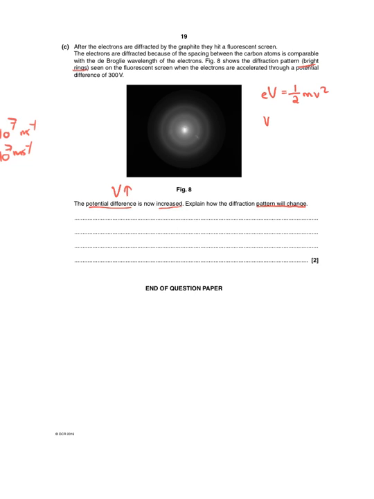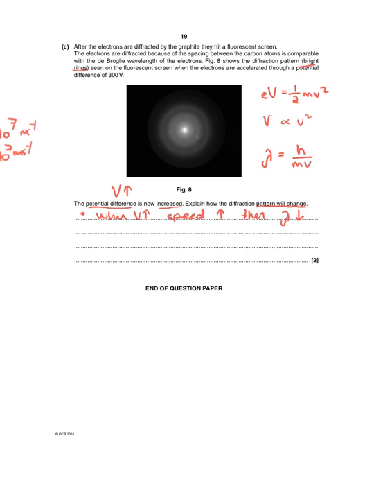So the voltage is directly proportional to speed squared. So if I increase the potential difference, the speed of electrons increases. And I already know that the wavelength of the electrons is inversely proportional to the speed. So if the speed increases, then wavelength decreases.